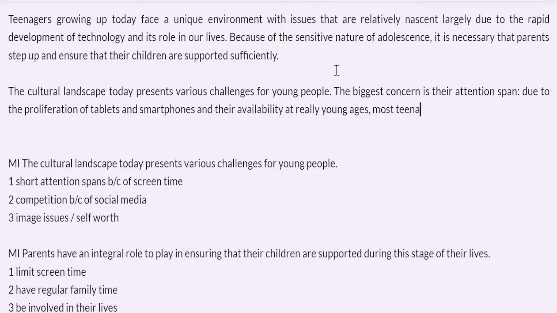Most teenagers, and especially with short form video, TikTok, shorts, reels, people don't really have the patience nowadays to sit through a full video or whatever. I mean, you could argue that's always been the case, but take a book, for example.